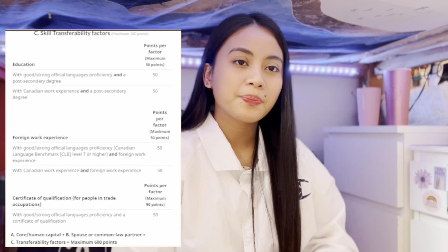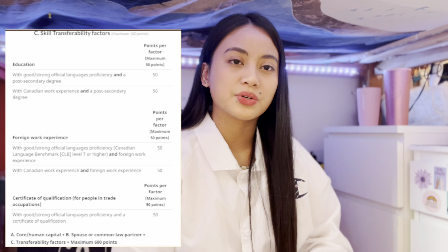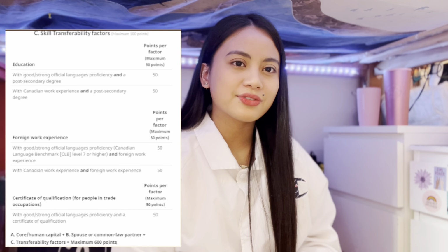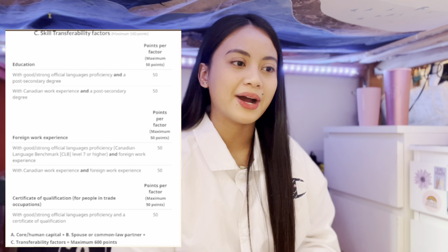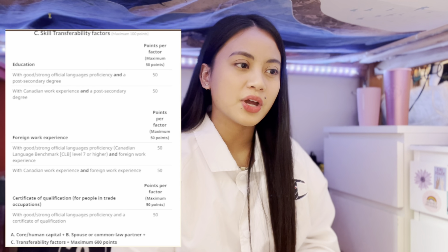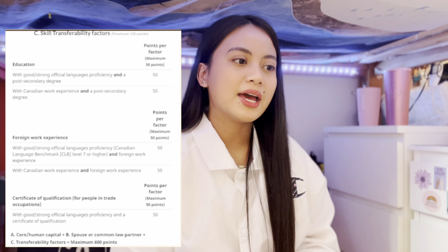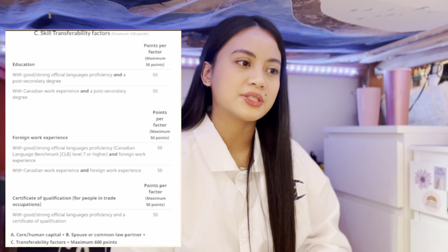In here, your education, if you have a good standing with your official languages. I can say that really, if you take an English test and you have a high score, then this will give you an edge to have a higher score for your CRS. And then Canadian work experience and a post-secondary degree.